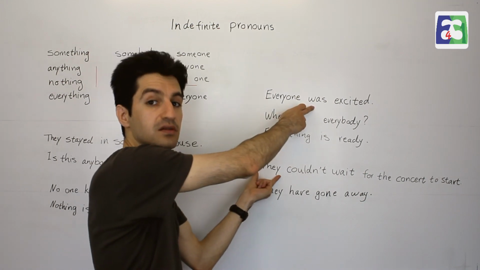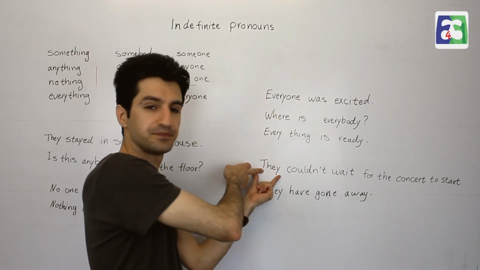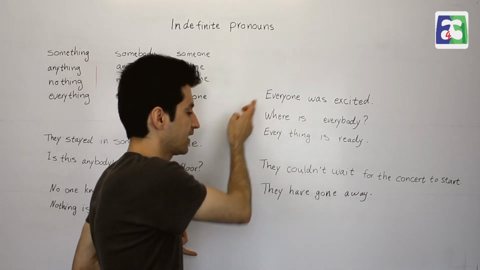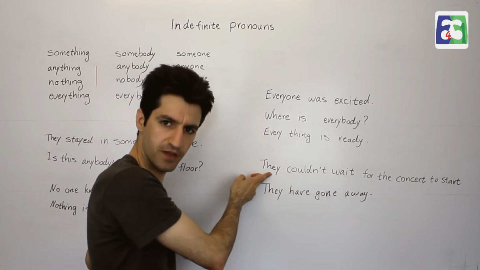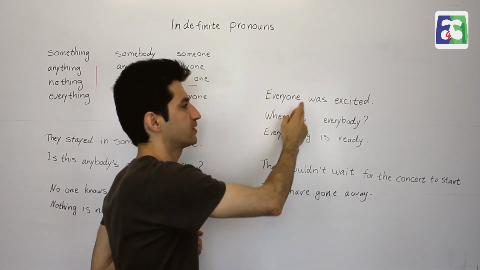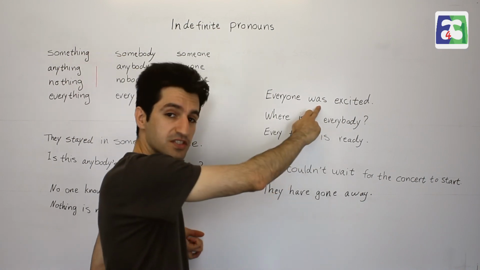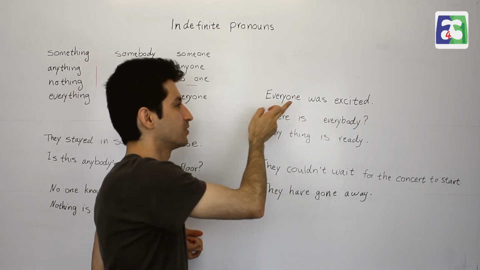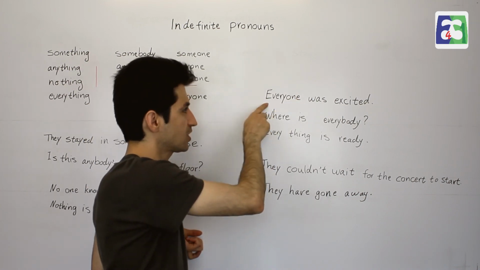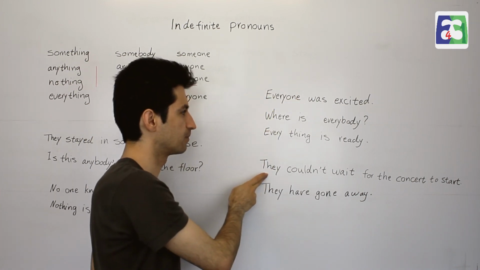Everyone was. Well, I say they. So if I am talking about these people again, I use they. I can understand that this is more than one person, but I use a singular verb. When I want to refer back to this subject, I mention them as they.